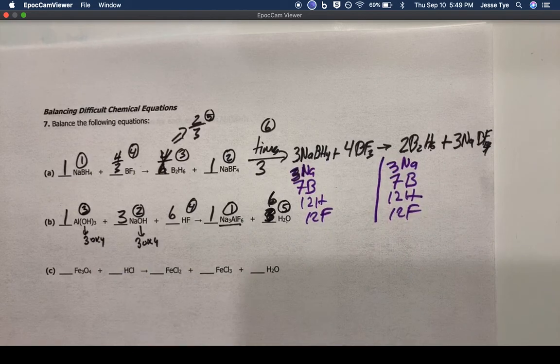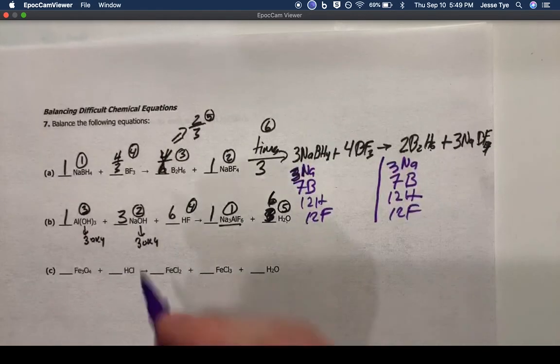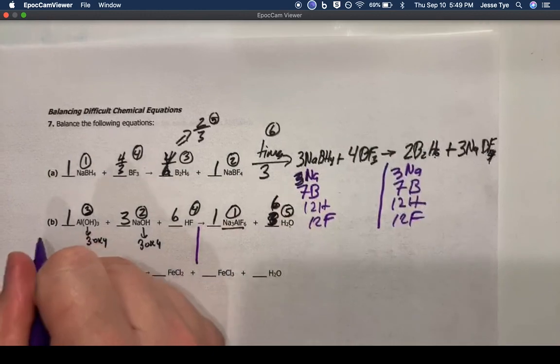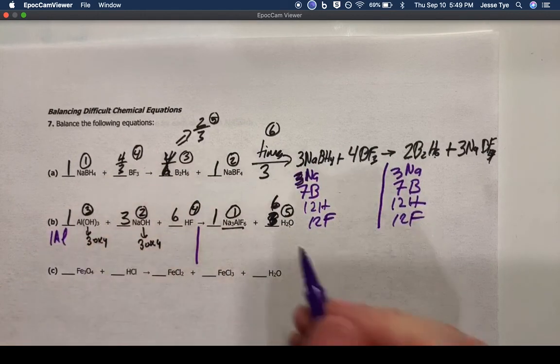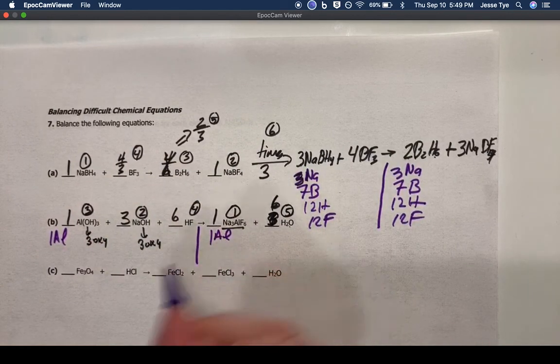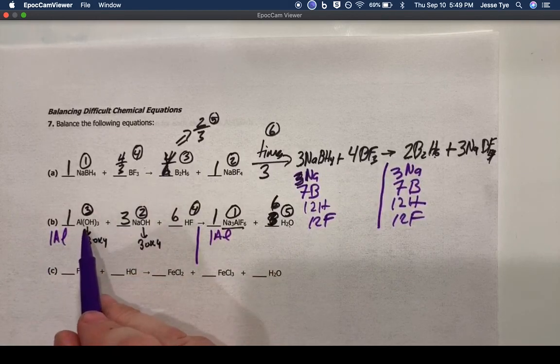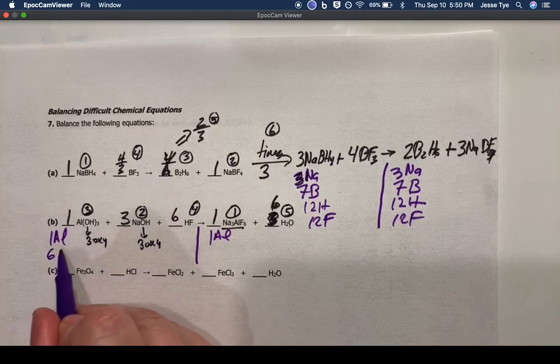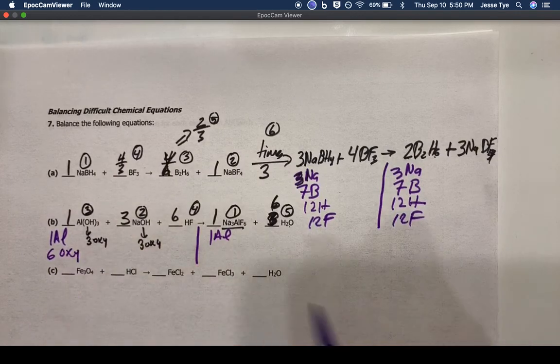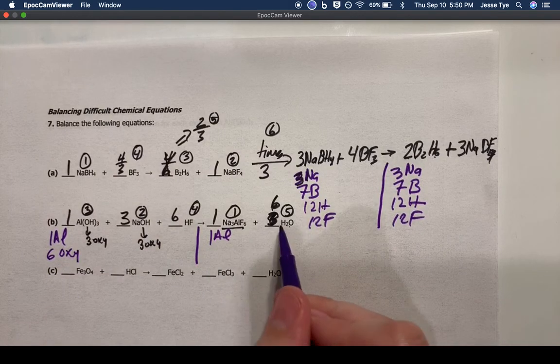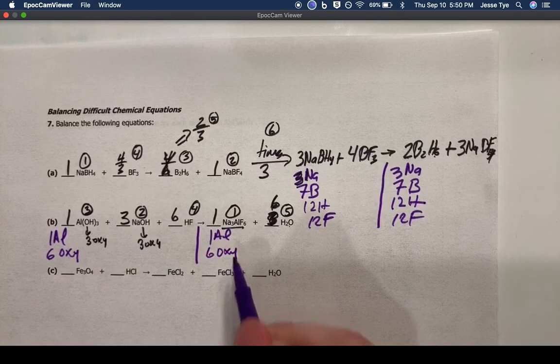Let's confirm that it is. So 1 aluminum and then 1 aluminum. We have, as I had to refigure here, 3 oxygens and 3 more, so 6 oxygens. And I've got 6 oxygens.